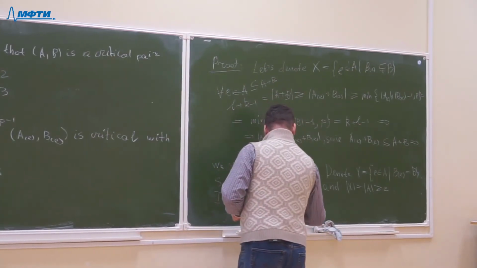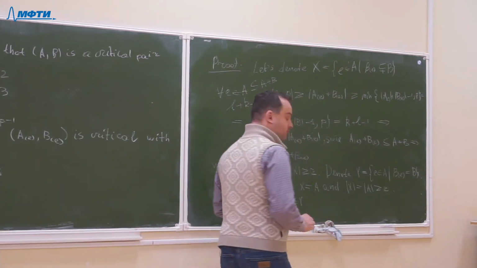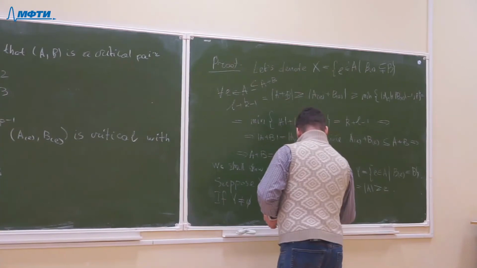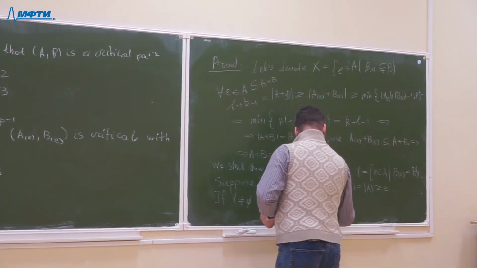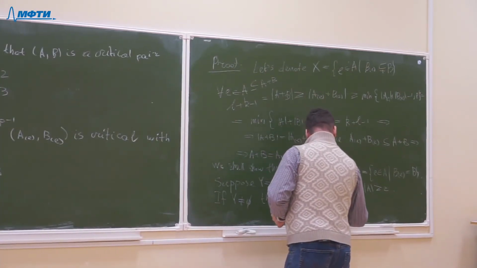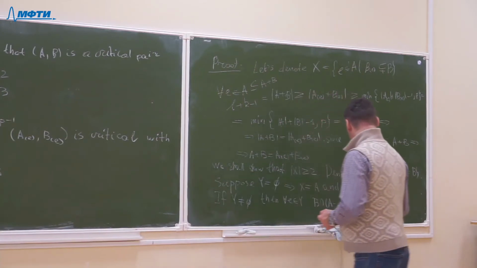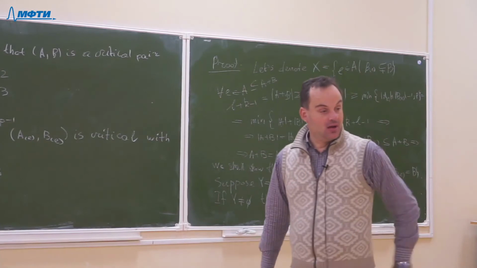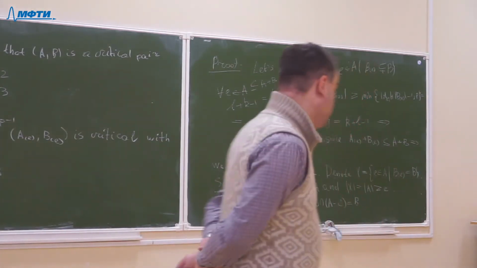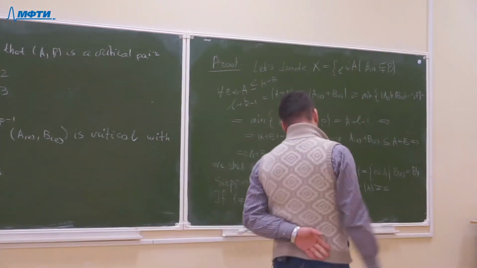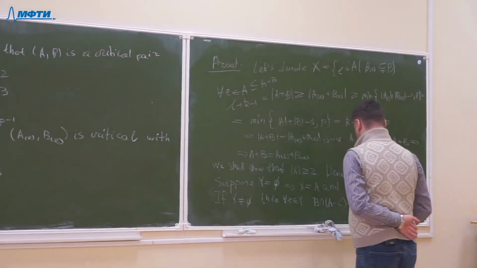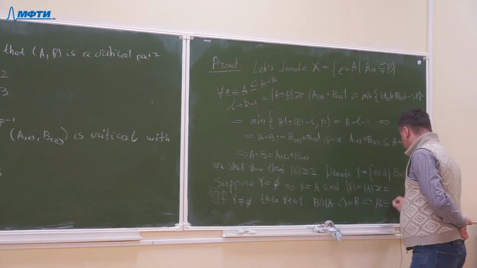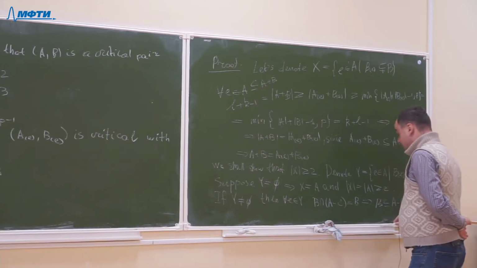For any E from Y, we have that B intersect A minus E is B, right? Which means that B is a subset of A minus E. That's correct, for any E in Y.